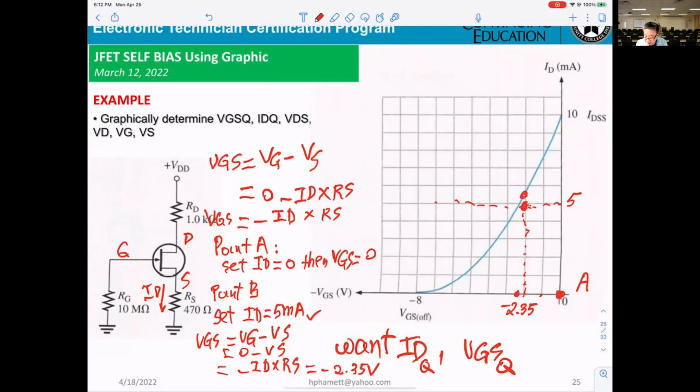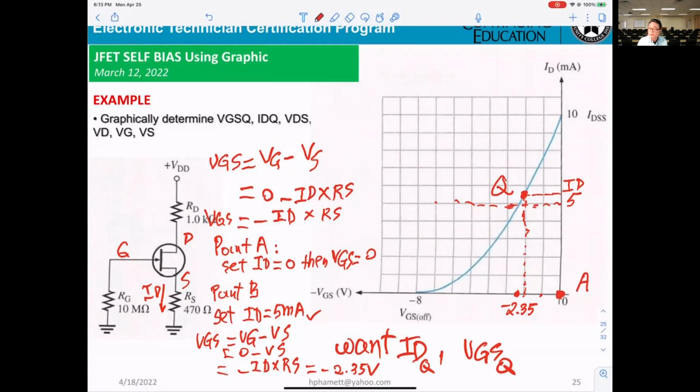They intersect right here. So this is what we call the Q point. Here, go to the right, you get the ID. And you go down, you get the VGS.